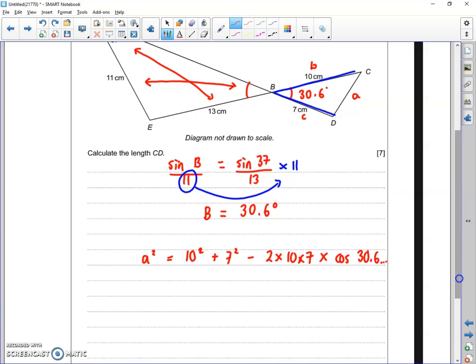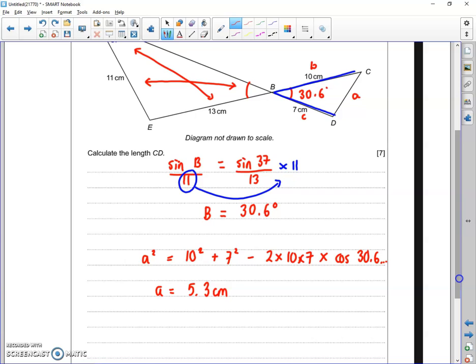You can use the answer key for more accuracy if you've left it on the screen. After you've square rooted, because it's a squared equals, you should get 5.3 centimetres. If you rounded slightly earlier on, you might get 5.4 centimetres.